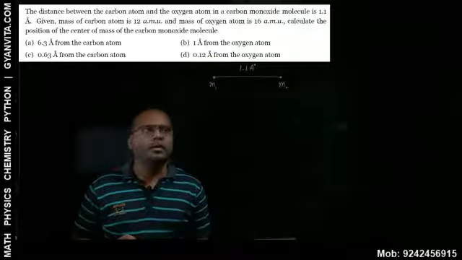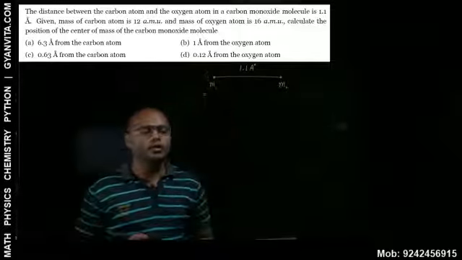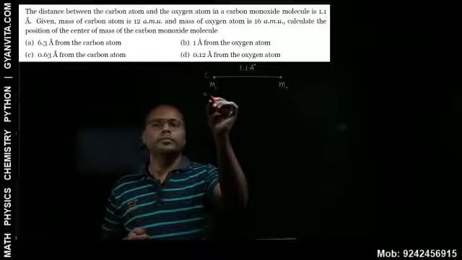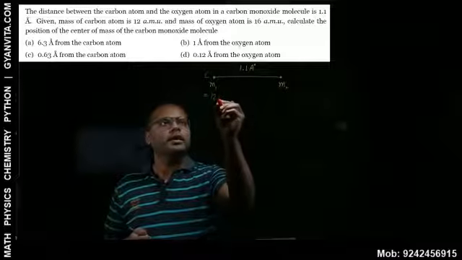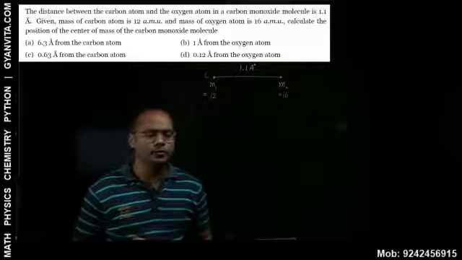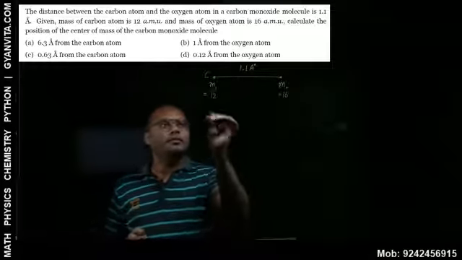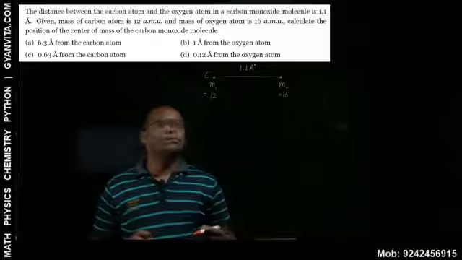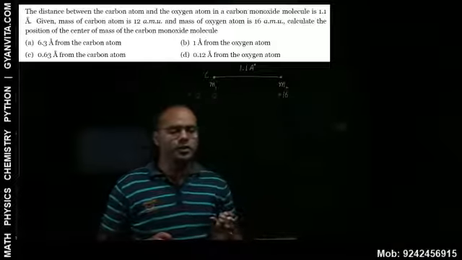The masses, we know that M1, which is carbon, will be equal to 12 AMU, and here this will be equal to 16 AMU. That is atomic mass unit. Now, we will have to take one of these as our reference or origin.